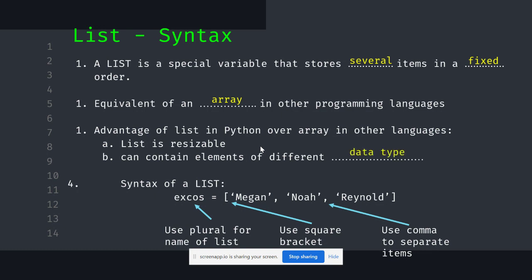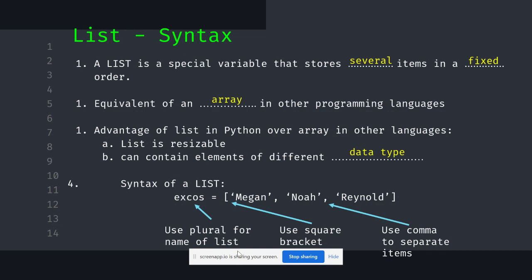Also, it can contain elements of different data types, meaning that you can put a number in the list, you can put a text into the same list, or put an integer or floating point numbers into the same list. So list can contain elements of different data types.